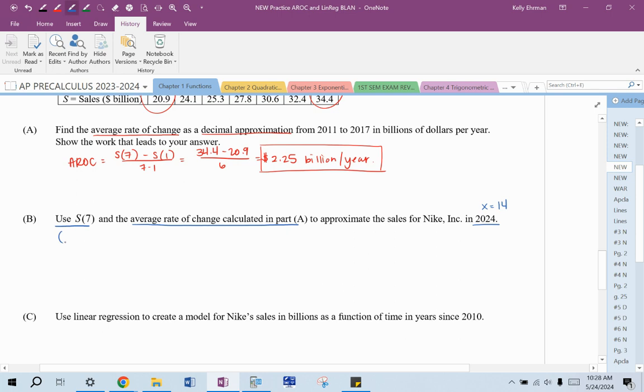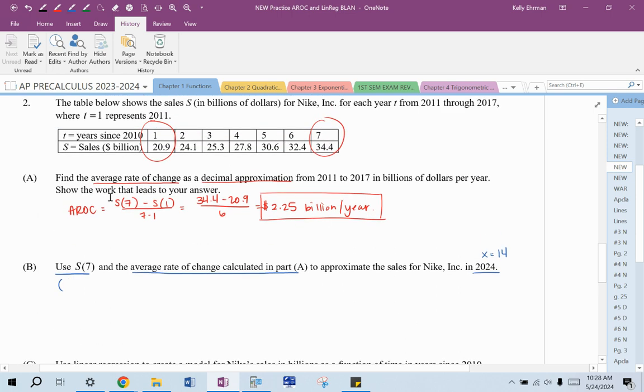So we've got the point 7, 34.4, and we're trying to use a slope of 2.25. Now, if this were rounded, we would use the unrounded version, but that was terminating, so that's fine. So use this point and this slope to approximate a value for S of 14.